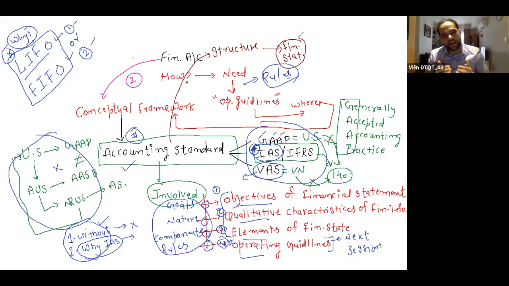You cannot adopt whatever structure you like, all right? For example, if a company asks you to prepare a vertical financial statement, vertical means you're writing information from top to down. This is the structure.